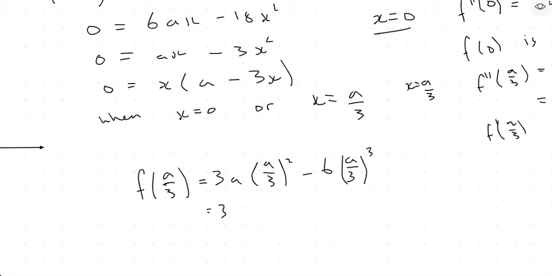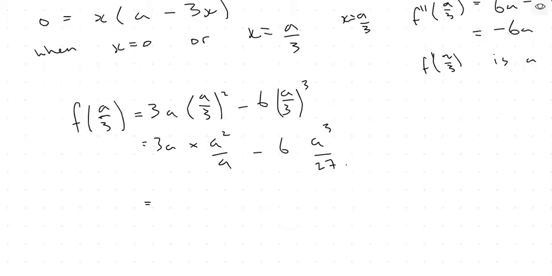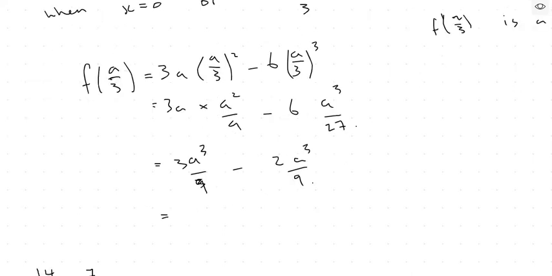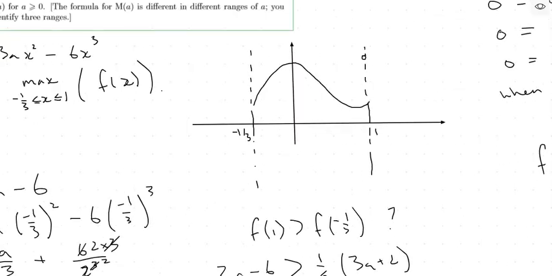So we have 3a times a squared on 9 minus 6a cubed on 27. So a cubed on 3 minus 2a cubed on 9. So make that 3 on 9. Final answer is a cubed on 9. So f of a over 3 is equal to a cubed on 9.